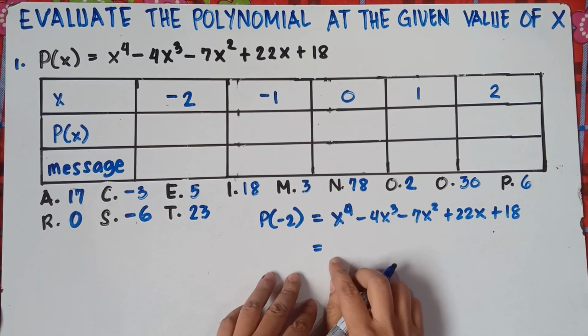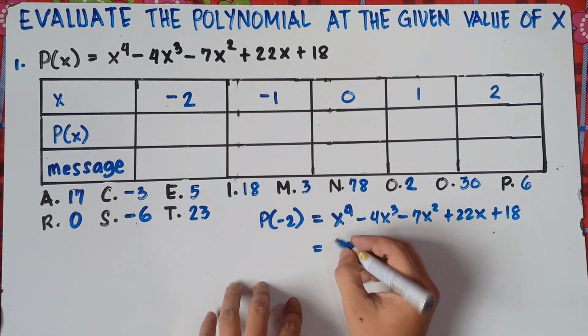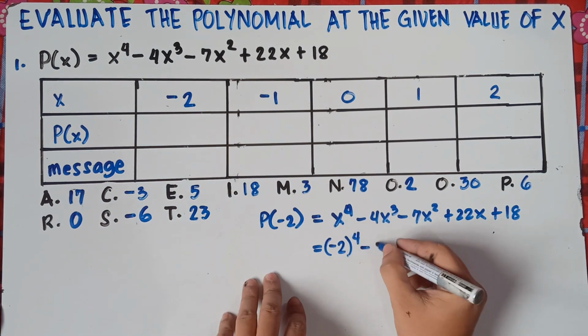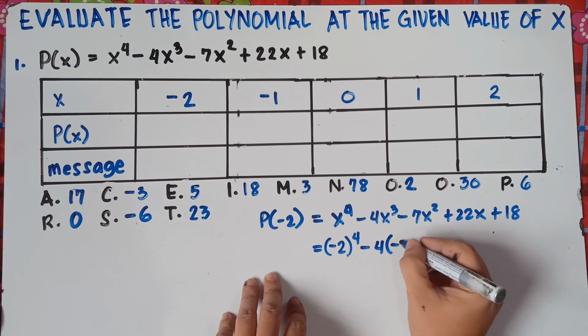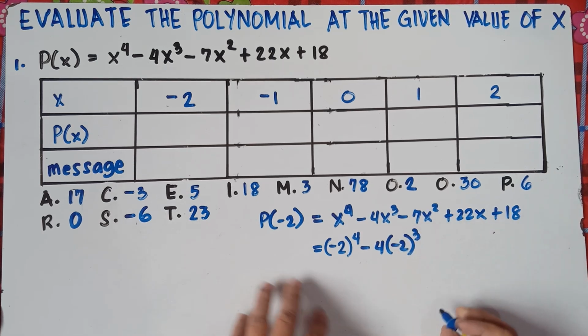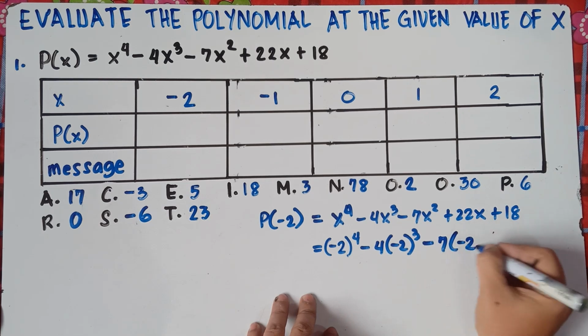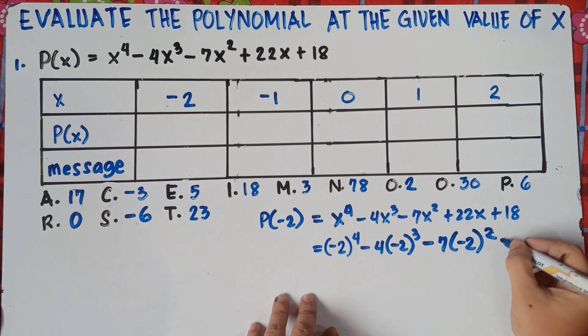Substituting the value of x, which is negative 2: negative 2 raised to the power of 4 minus 4 times negative 2 raised to the power of 3 minus 7 times negative 2 raised to the power of 2 plus 22 times negative 2 plus 18.